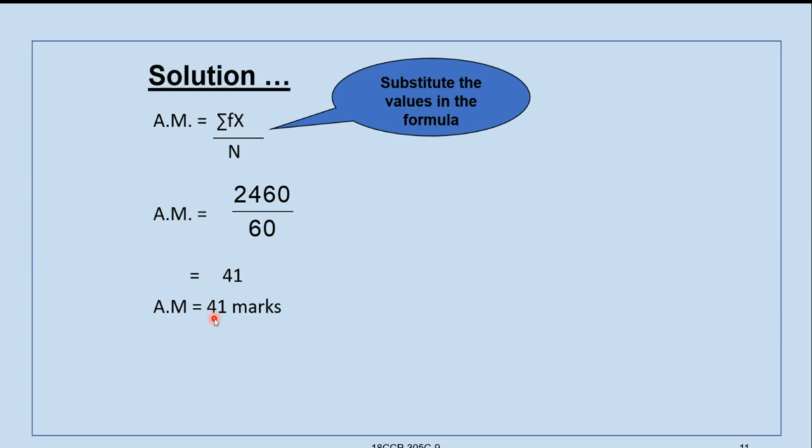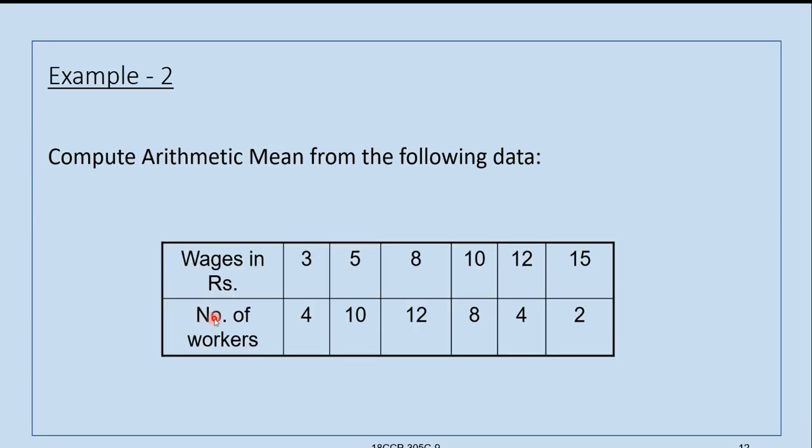Now we will see one more example under this one. Now compute the arithmetic mean from the following data by using the direct method. Here wages and number of workers are given. Wages is given in rupees and number of workers is given in numbers.